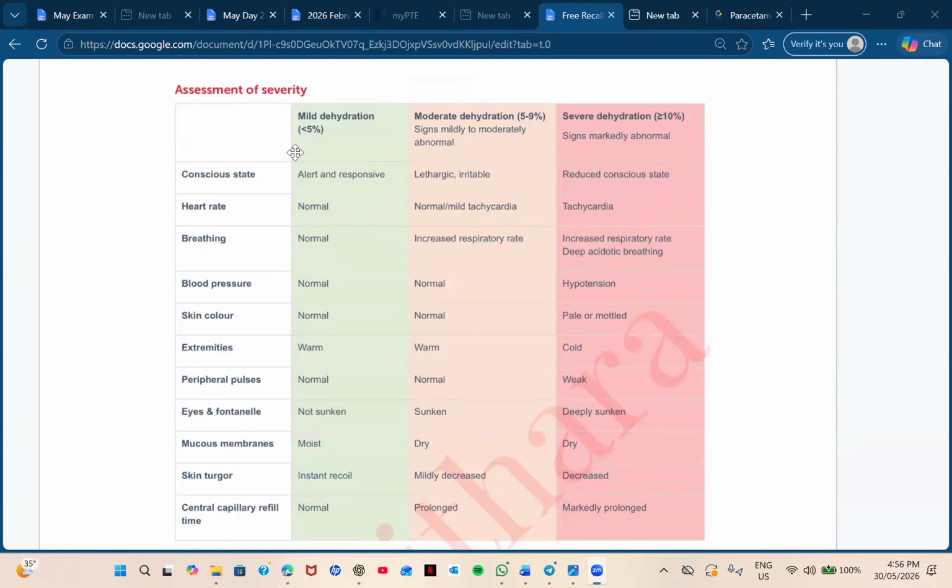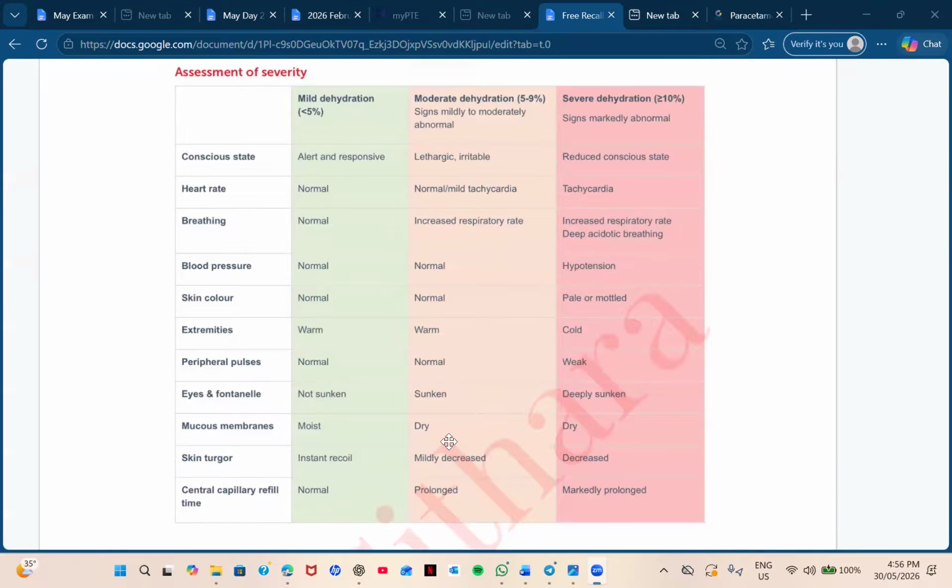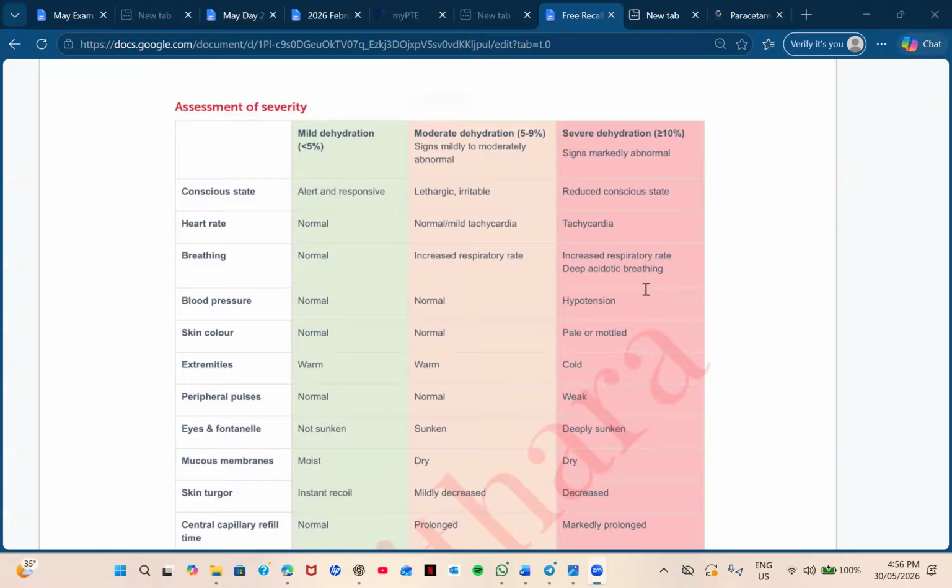If it is moderate, the patient is lethargic, with normal or mild tachycardia, increased respiratory rate, and warm extremities; eyes and fontanelles are sunken, mucous membranes are dry, skin turgor is mildly decreased, and the capillary refill is prolonged.